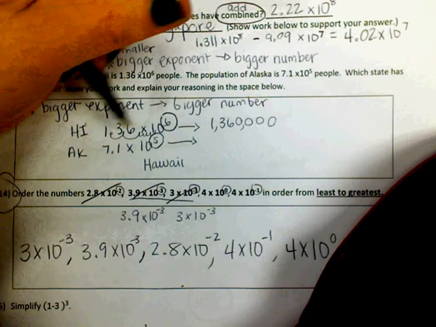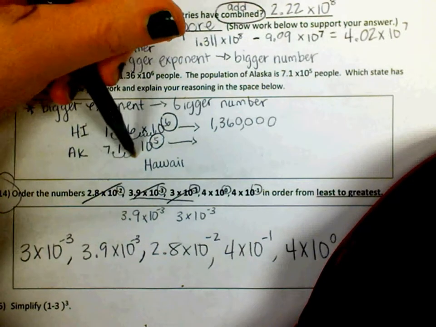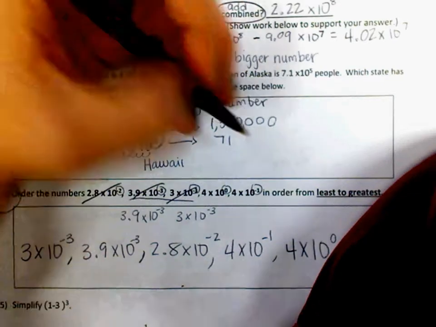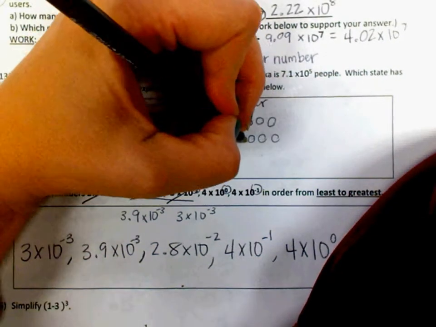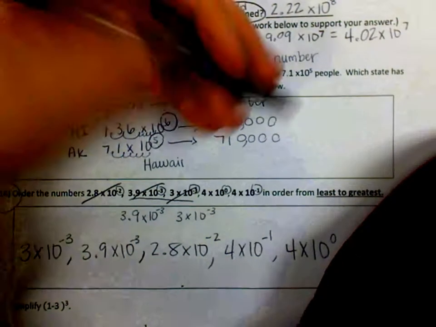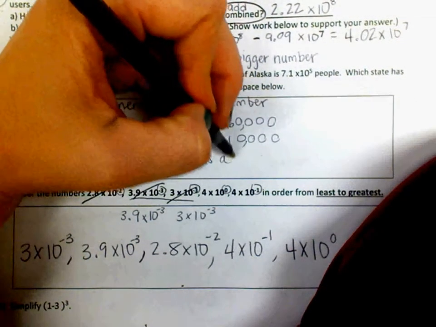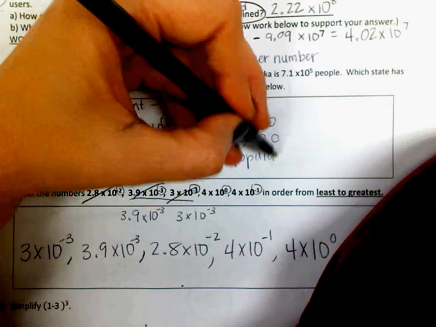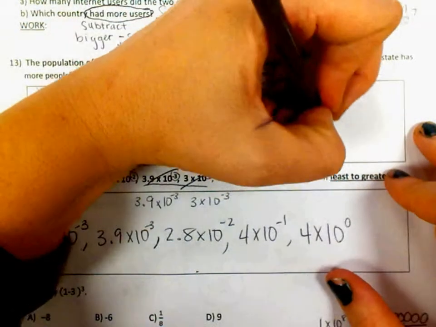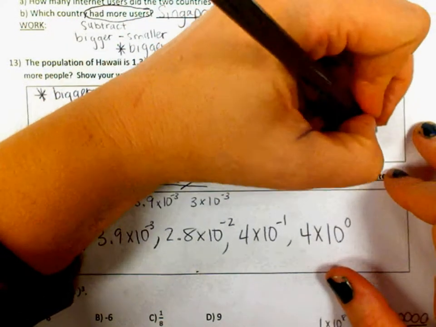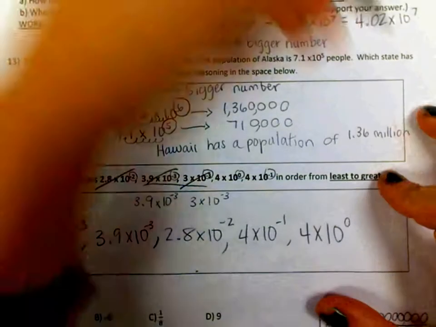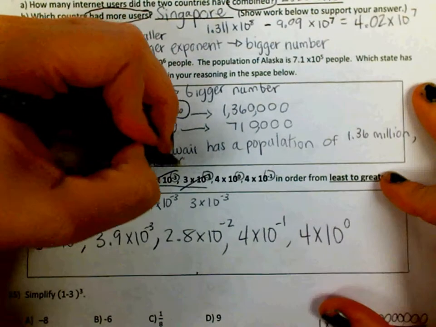For Hawaii, or sorry, for Alaska, 71... That's only 710,000. So Hawaii has a population of 1.36 million. Which is greater than Alaska's.